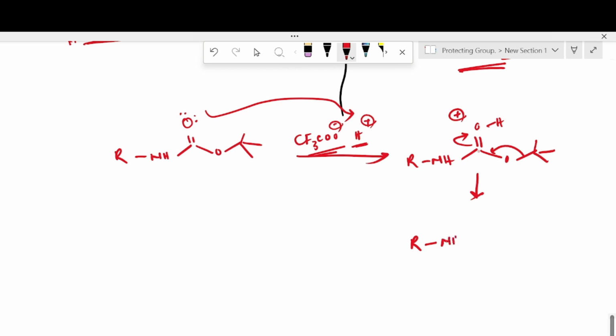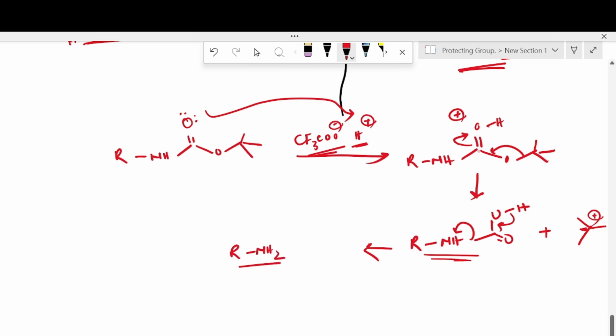What will it form? It forms a tertiary carbocation. After the formation of the carboxylic acid functional group, it leaves the CO2 molecule like the CBZ protecting group and gives our amine back with carbon dioxide. So this is the mechanism of how Boc is deprotected.